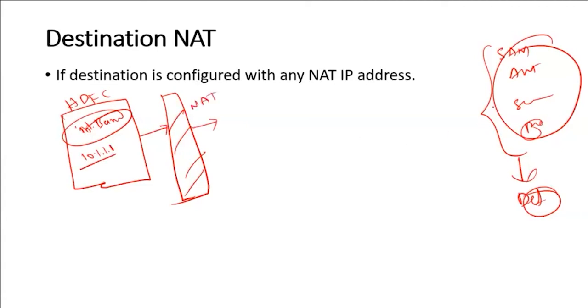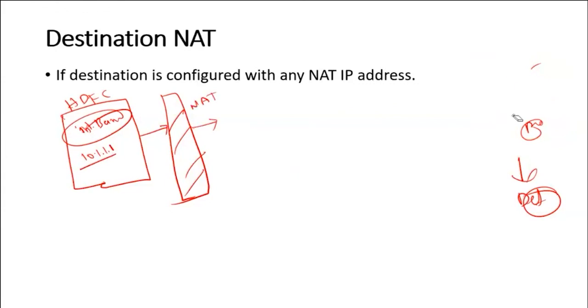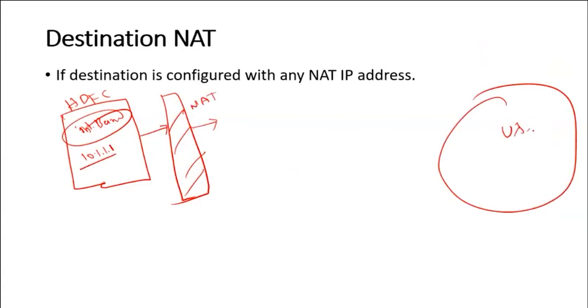Here we have some users. I'm having net banking access of HDFC, so I'm trying to access HDFC net banking from Google. What happens? If I type HDFC net banking, internally DNS will resolve it to some IP address, right?